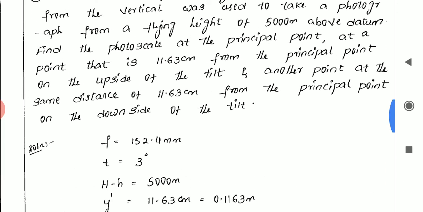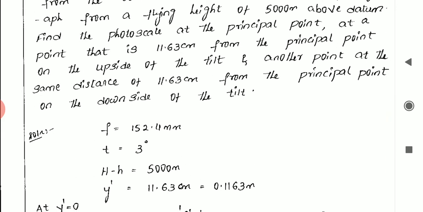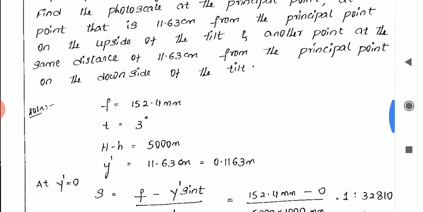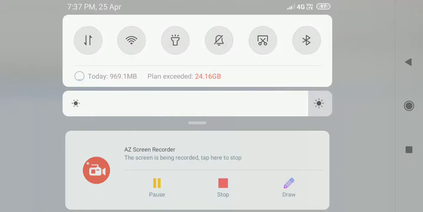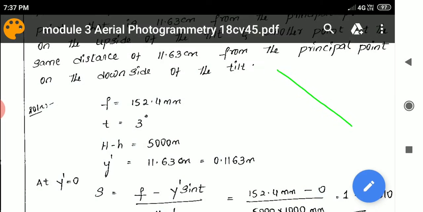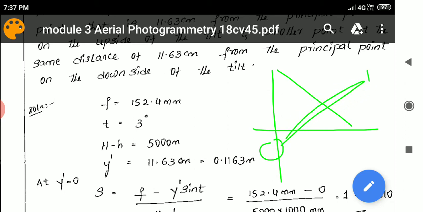Here the first point is 11.63 for the upside, and it is positive, and downward it is minus, so we will take minus 11.63. In the intermediate it is 0.